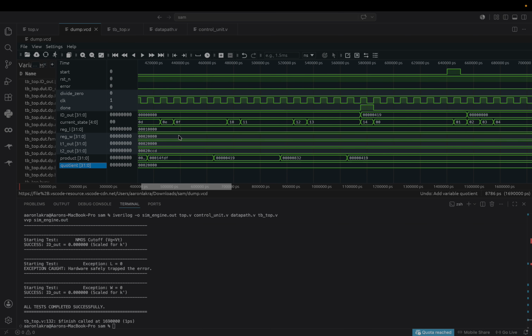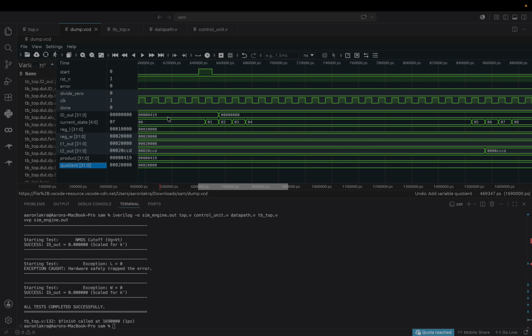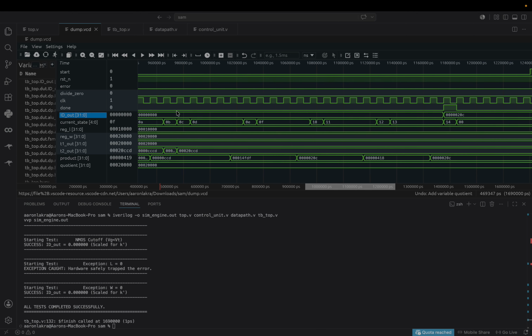As we can see here, it's in a higher state, then it goes back in the current signal.